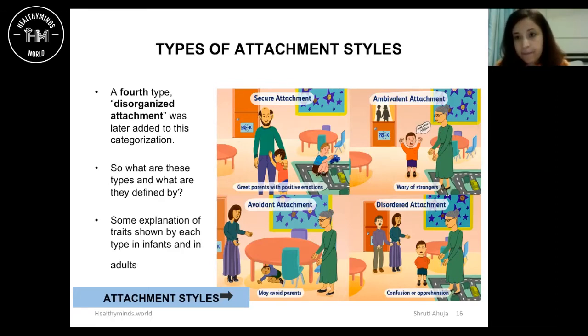What Ainsworth saw was that there were particular mother and child dyads, and most of them fell in the secure category. When the mother came back from leaving the child with the stranger, these babies were not particularly afraid of the stranger.